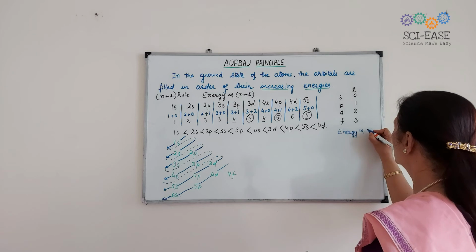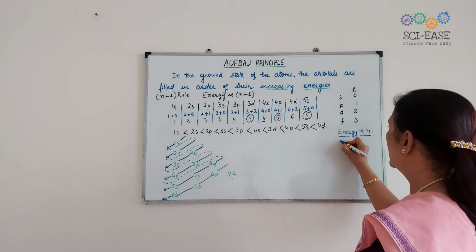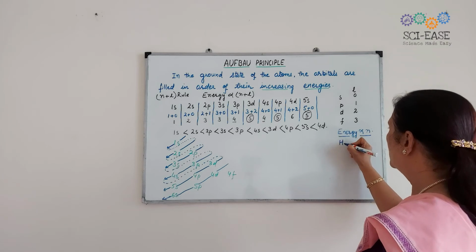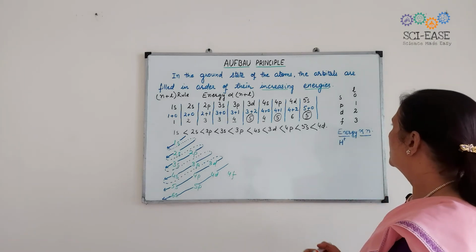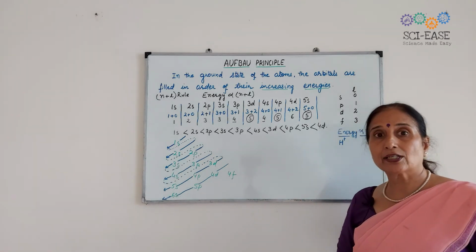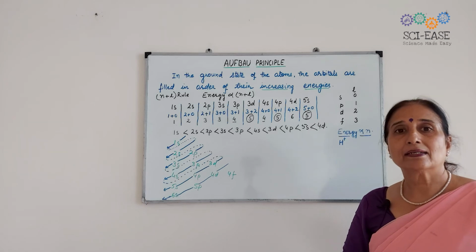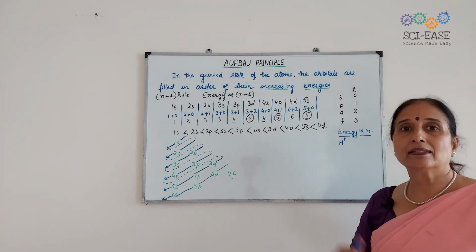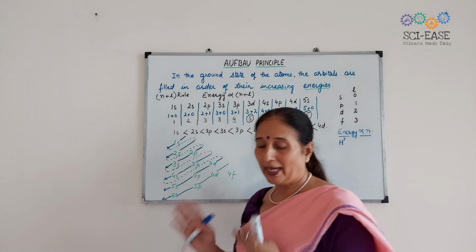Directly proportional to n. Okay, that is the exception. Like hydrogen, you can take, where there is only one electron, then here you will see that it will be like this. The energy is directly proportional to n.